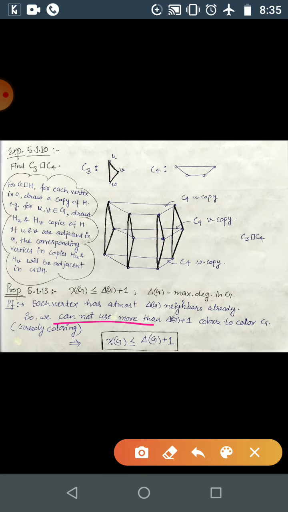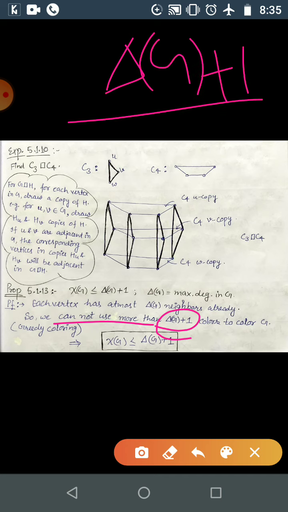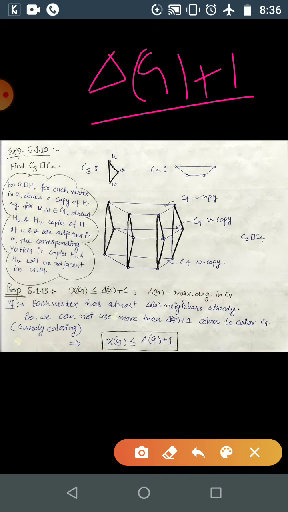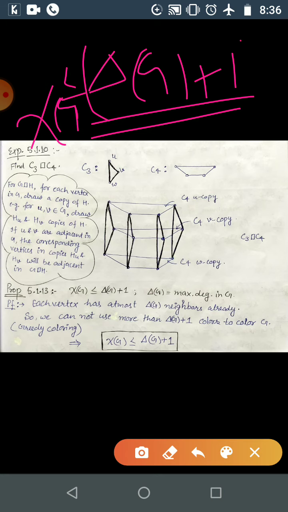So we cannot use more than the maximum degree plus 1 colors to color G, and this is given by this greedy coloring. This is obvious, correct? If you have a proper coloring on a graph with this many colors, then obviously the chromatic number will be less than or equal to this, and this is done.